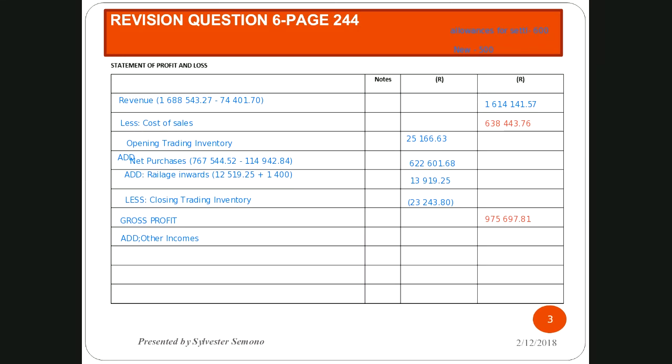Must I add or less it? We need to add. Remember, we add accrued incomes. So that accrued on number 7 is 9,359.49. So remember, we add accrued, we deduct prepaid.